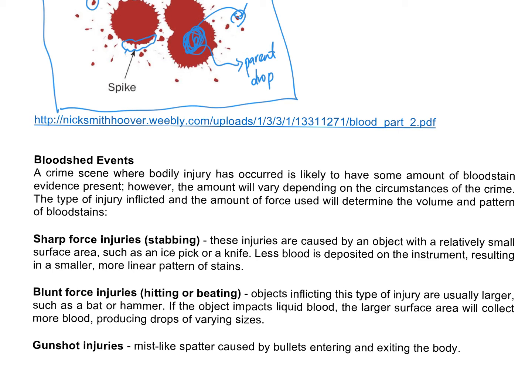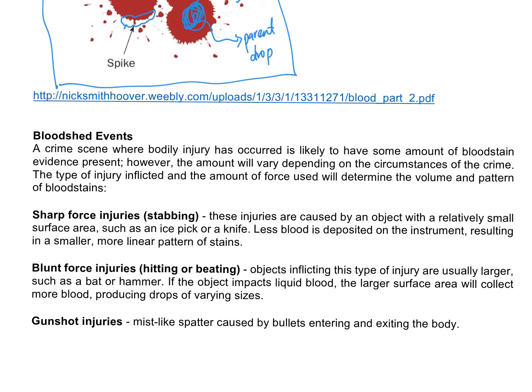Previously when we talked about the projected stains, we talked about cast off, we talked about gunshot injuries. Depending on the weapon used, it could be a sharp force injury, stabbing. It can also be a blunt force injury caused by an object that has a larger surface area, for example, a hammer or maybe a vase, or some ornament, some very big and heavy object, and then the criminal just uses it and hits the victim.